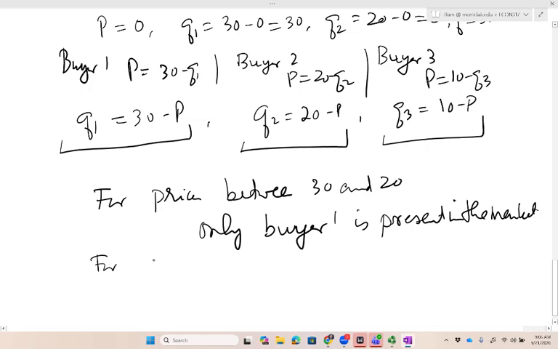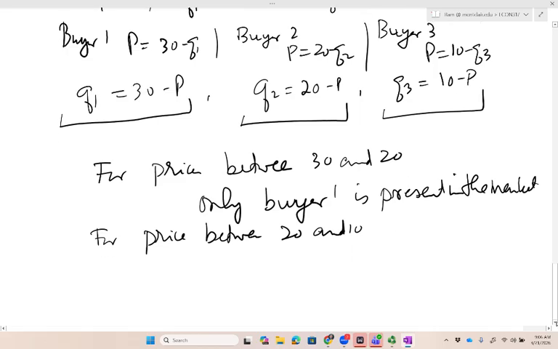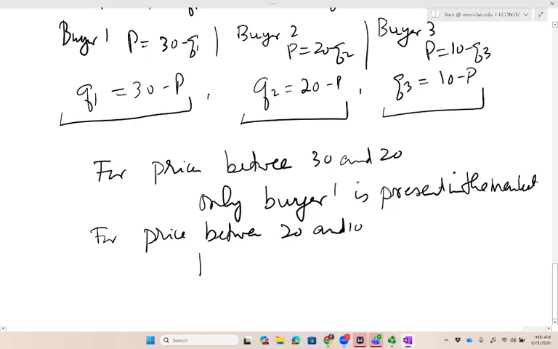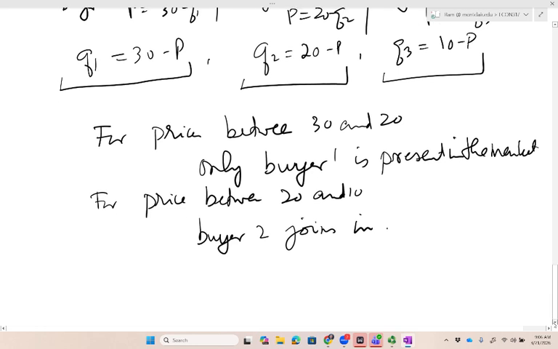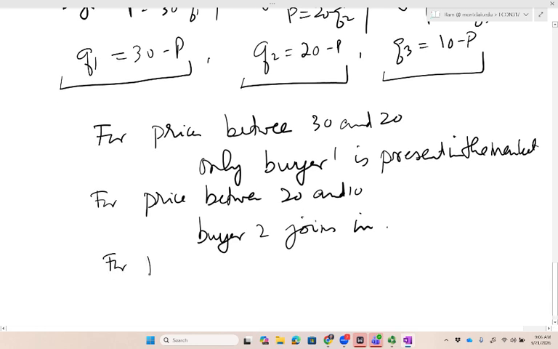For price between 20 and 10, only buyer 1 and buyer 2 are there in the market. So I will write buyer 2 joins in. For price below $10 per unit, all buyers are present.